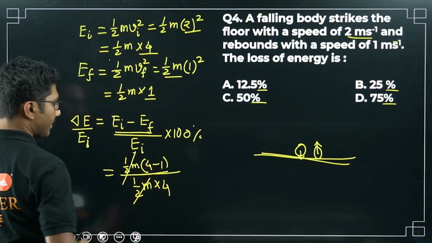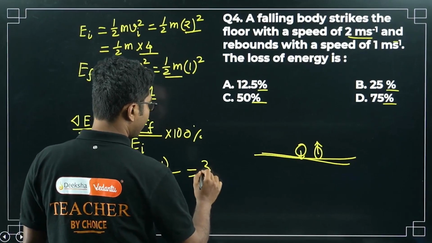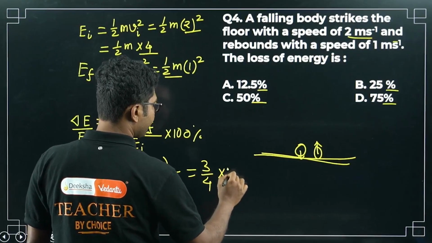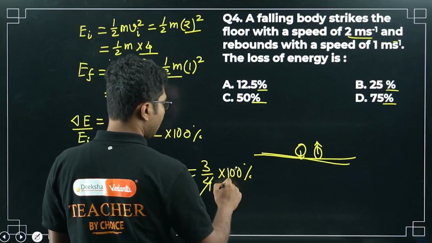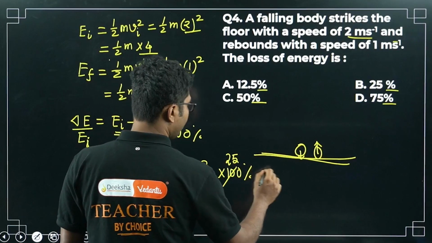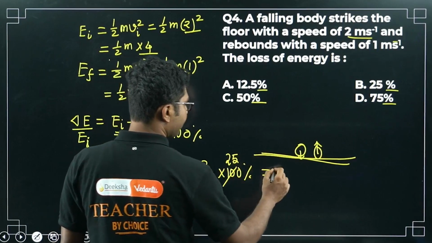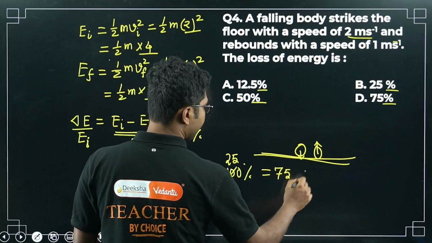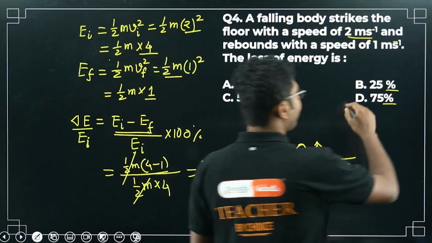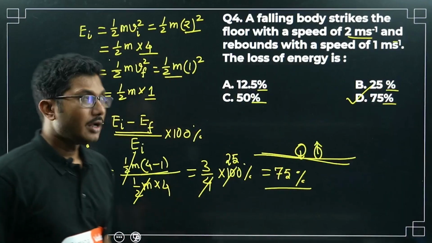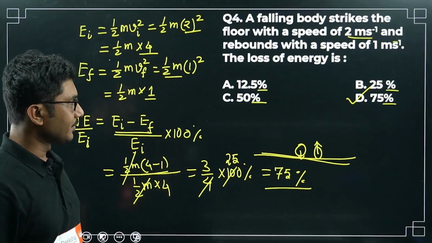So half m cancels, so it will be 3 by 4 times 100%. This is the change, so it will be 75%. 75% change in the kinetic energy, or the loss of the energy.